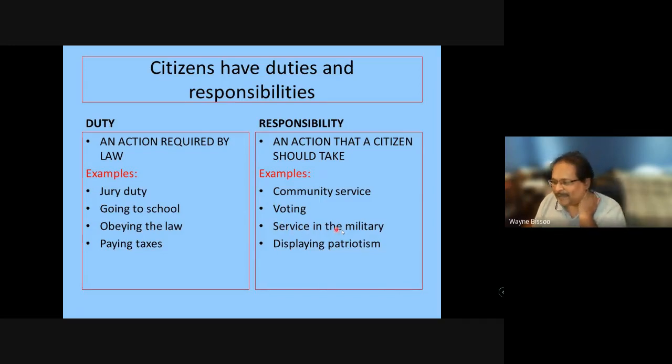Well, we don't have mandatory military service. Displaying patriotism. Our patriotism is dependent upon what happened at any point in time. When you're outside of Trinidad, then you want to be real patriotic. But inside Trinidad, patriotism is sometimes looked upon with suspicion. There's a double-edged sword to patriotism, guys, just to be on the safe side here.